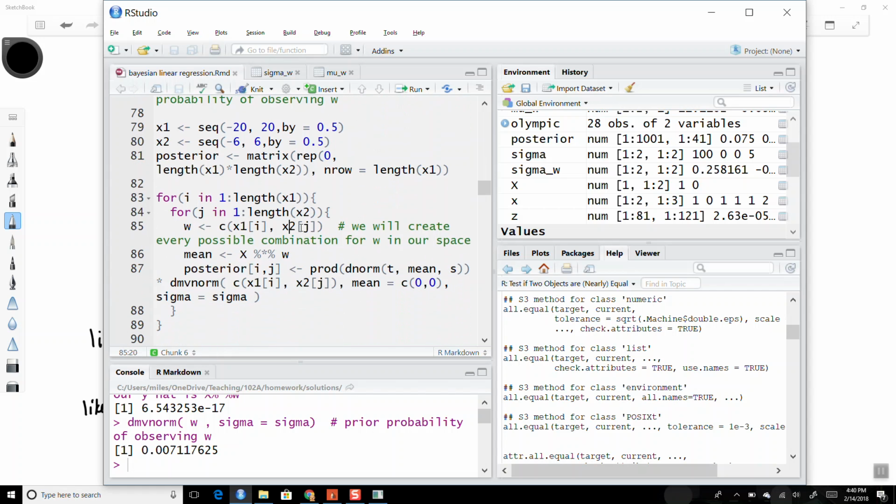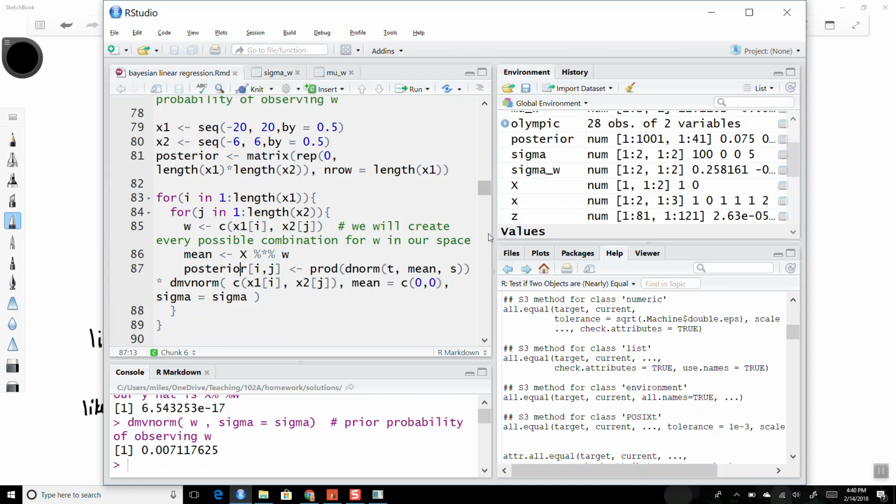And for every coordinate, W is starting off at -20, -6, and then we go across to 10 comma 0, and it covers all of these things. We're going to say, okay, make your W there. Then calculate what your y hat would be. That's going to be your mean. X times W is going to be your mean.